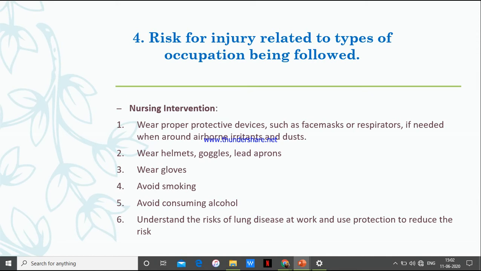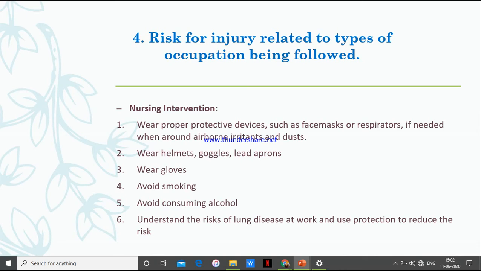Therefore, the workers there should wear masks and respirators to prevent themselves from getting any pulmonary lung disease. Next, wear helmets, goggles, and lead aprons. Lead aprons are mostly worn when dealing with X-rays or any radiation, so that the radiation rays will not enter into the body.